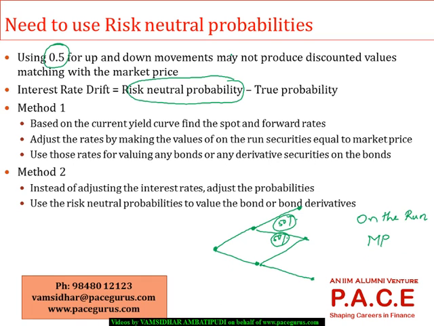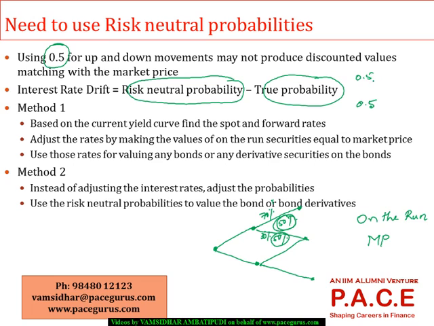So the risk neutral probability is that particular probability which will equate the value of the on the run security to the market price, instead of using 50% and 50%, if I take, let's say, 70 and 30 or something like that. Whereas the true probability is what are the two different possibilities that the two different interest rates can take.